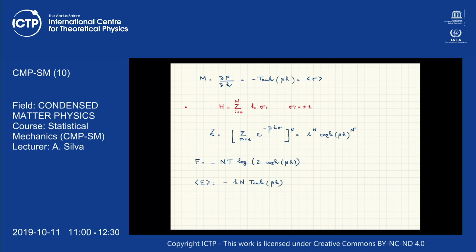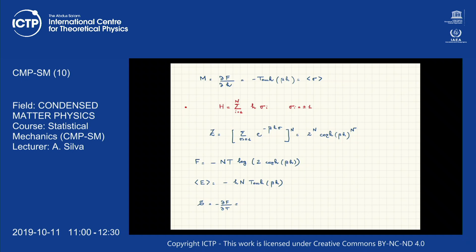Let's calculate something we did not calculate before, the entropy. So the entropy is what? The entropy is minus the derivative of the free energy with respect to temperature, right? Minus df dt.